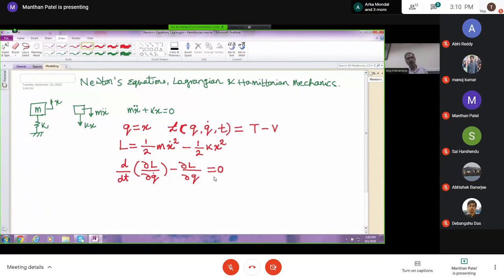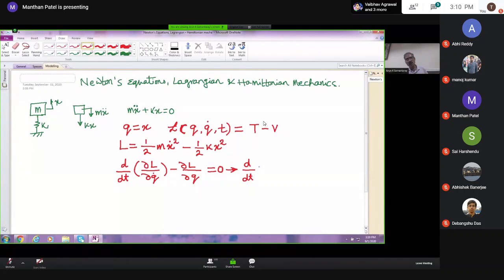So q dot we know is x dot. Right. So that will give me d by dt of m x dot, minus minus becomes plus kx, is equal to 0. So you note that this m x dot appears inside the derivative.